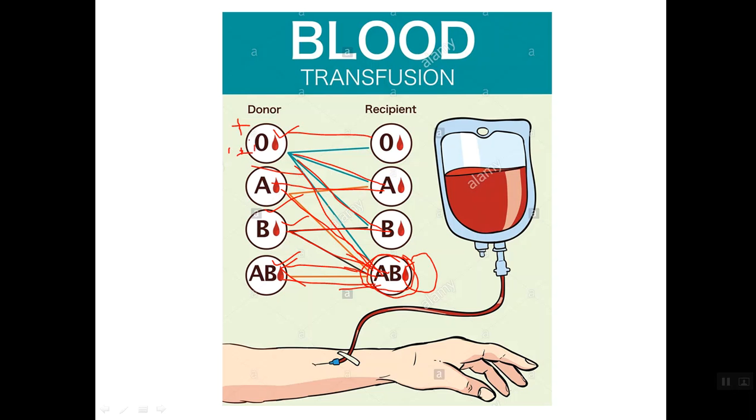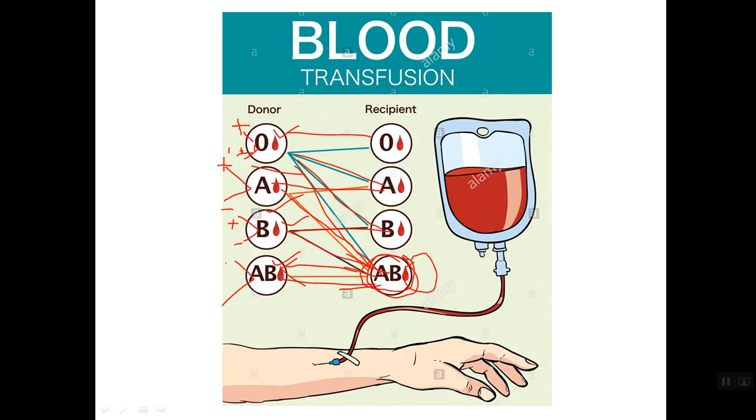So in each blood group we have RH positive O and RH negative O, similarly RH positive A and RH negative A, and RH positive B and RH negative B. It is usually simply designated as B positive and B negative.